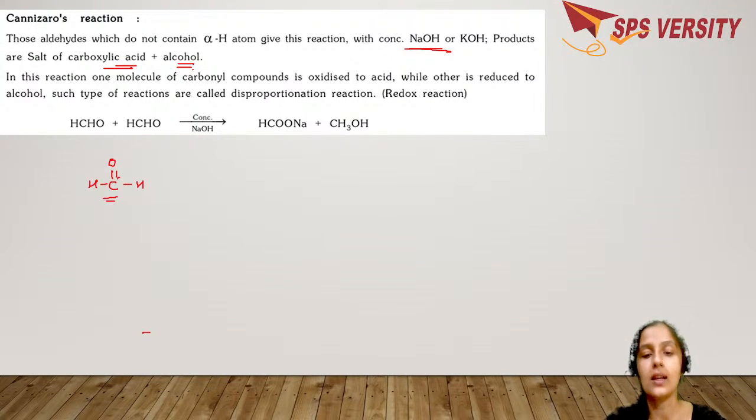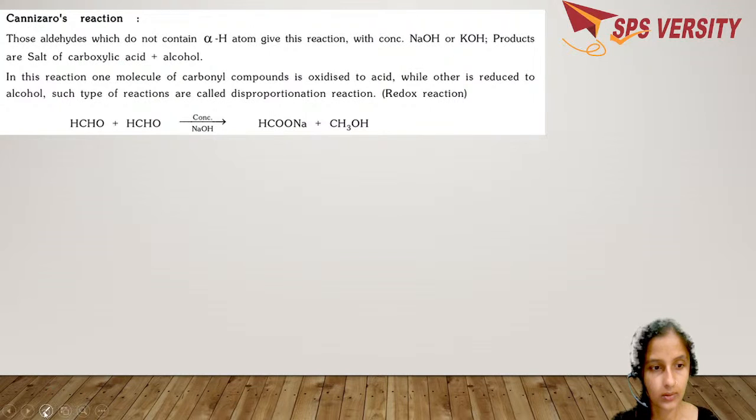So it's like a redox reaction, where one of the aldehyde molecules gets oxidized and the other molecule gets reduced. How does this reaction proceed? Let us see. If you want to write the mechanism of the reaction, we'll start with HCHO, that is nothing but the aldehyde, in the presence of a base, that's OH minus.